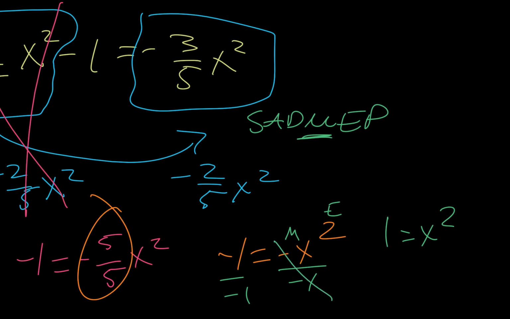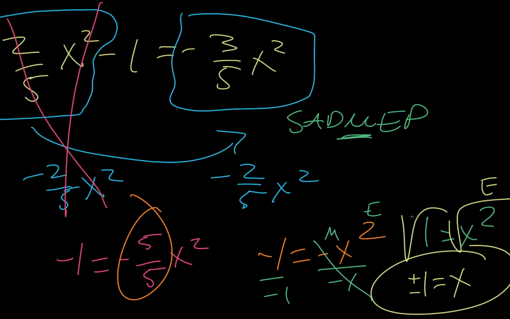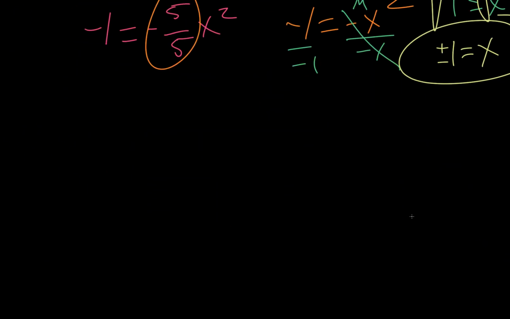And then these negatives cancel, so we're just left with x squared. All right, we just have an exponent. So we square root. Now the square root of 1 is 1, but because we introduced the square root, we get plus or minus 1.